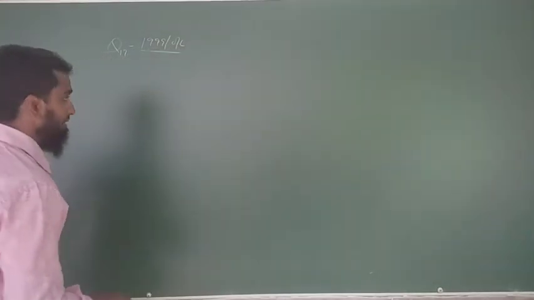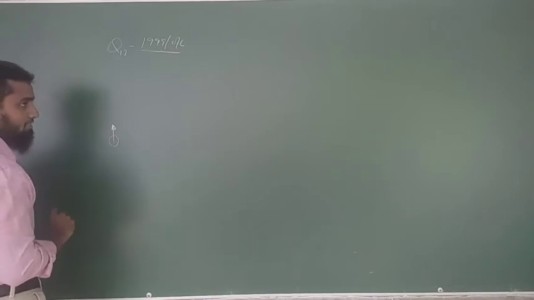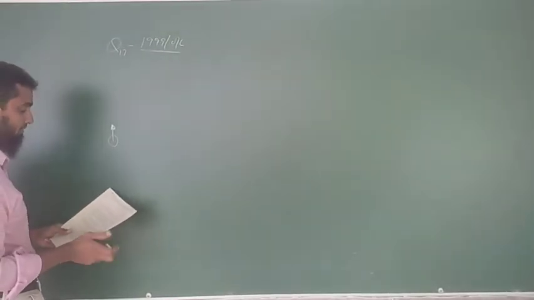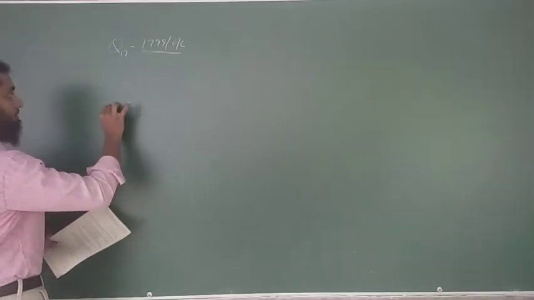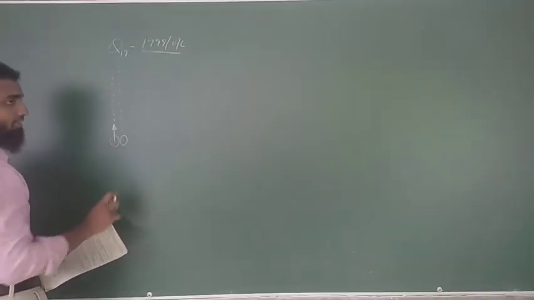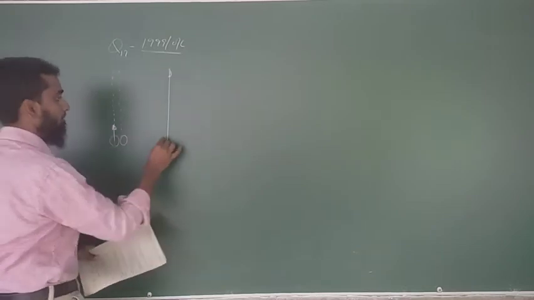In the last class we discussed how the velocity of an object projected upwards changes with time, and how we represent it in the VT graph.